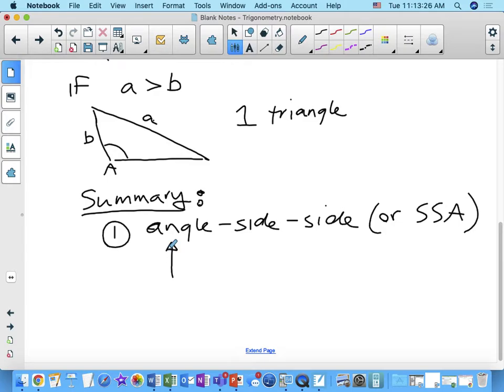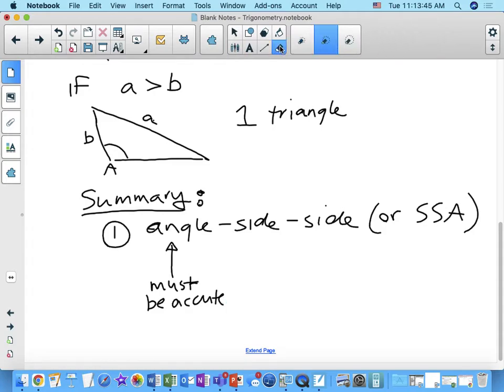Because if you have the ambiguous case, one of your two triangles will have another obtuse angle in it. You can't have two obtuse angles in a triangle. So this must be acute. I think that only has one C. I have to fix that. I don't have to fix it, but I want to fix it.